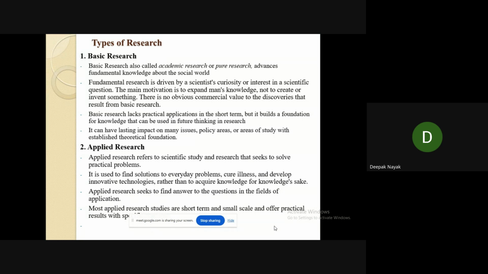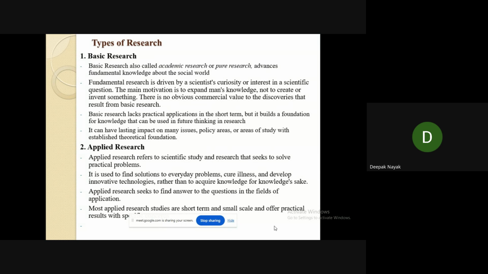There are also many researches conducted only to gain knowledge, so that they are not immediately applicable to any field.